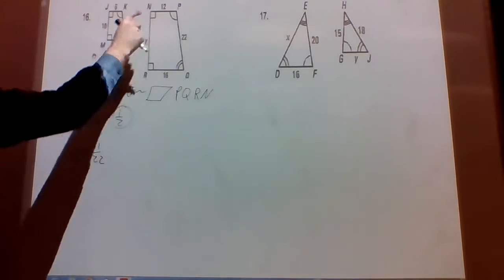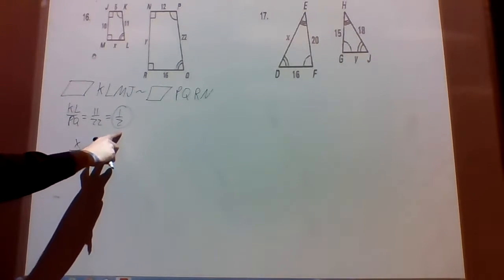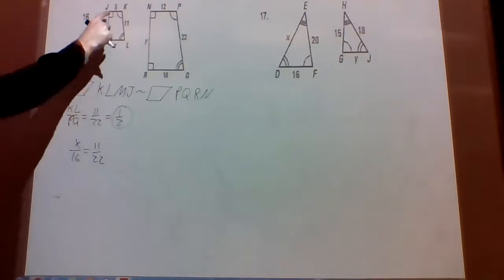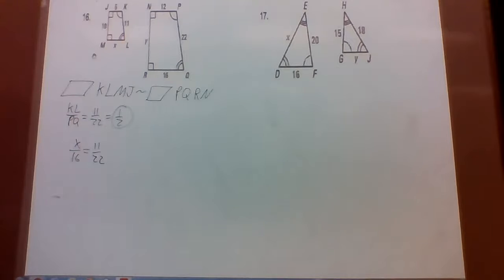Or we could have put 6 over 12, or we could have put 1/2, because we know that all these are 1/2. 11 divided by 22 is 1/2. 6 divided by 12 is 1/2.